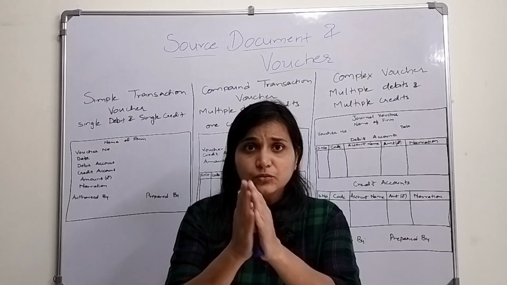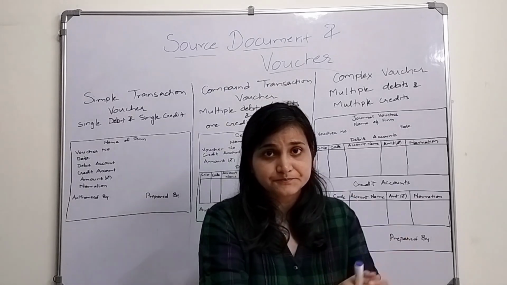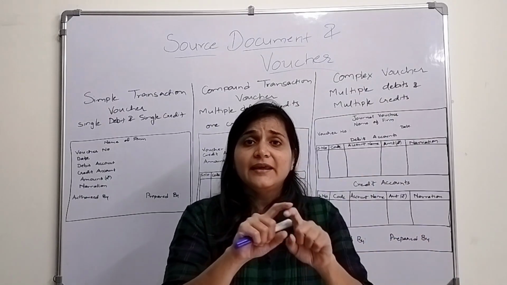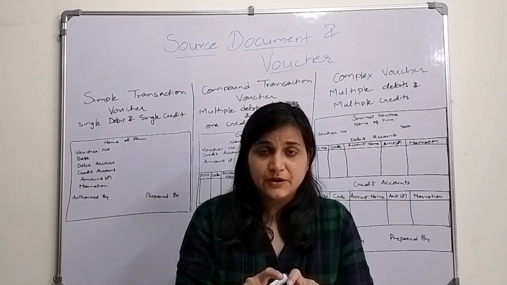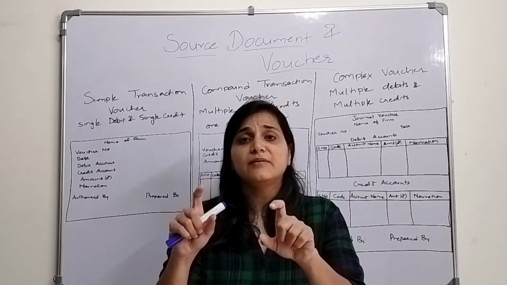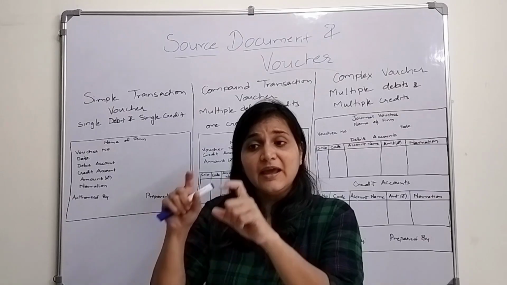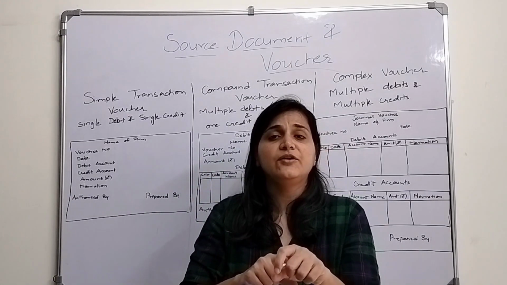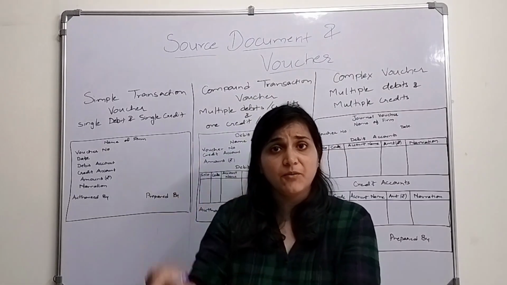So these are the evidence. Likewise, do visit a bank. In the bank, when you are depositing money, you can't just go in and deposit money like that. They give you a paper called a pay in slip. In that you have to mention that yes, I am depositing this much amount of money, and how many 100 rupee notes, how many 200 rupee notes, how many 50 rupee notes you are depositing.